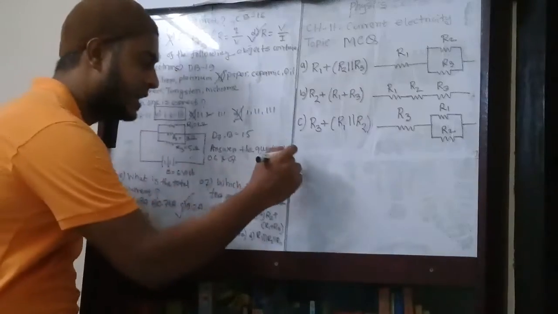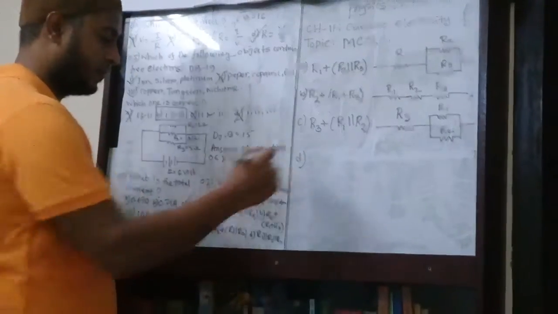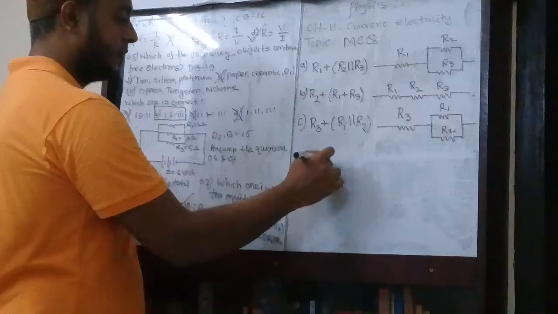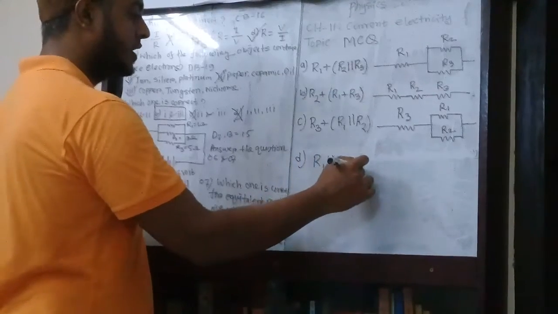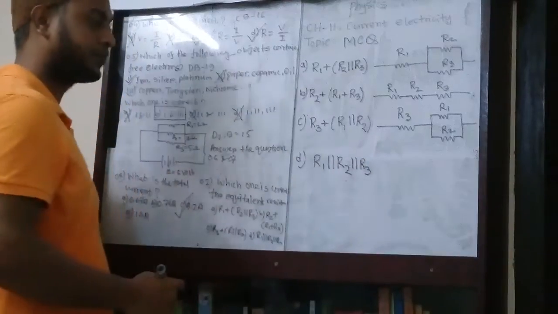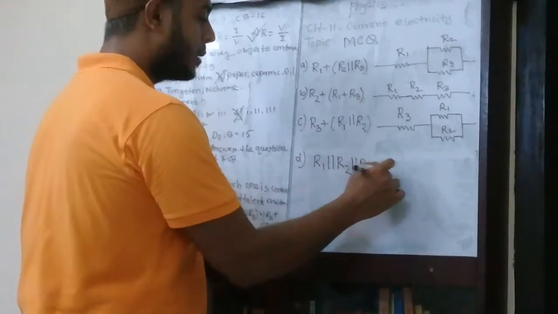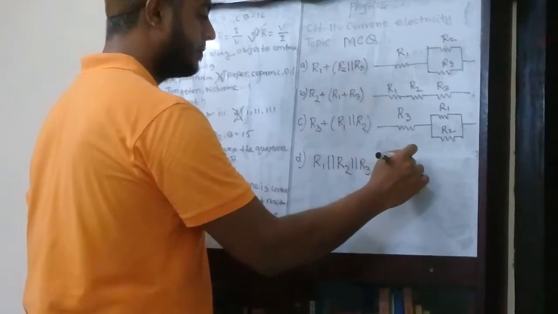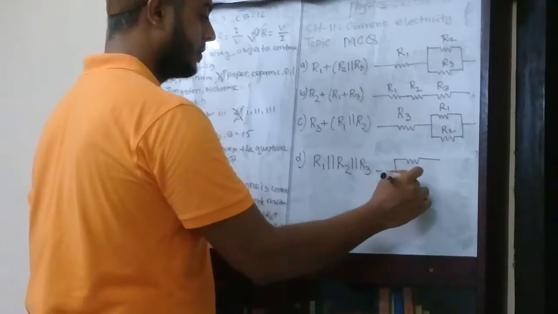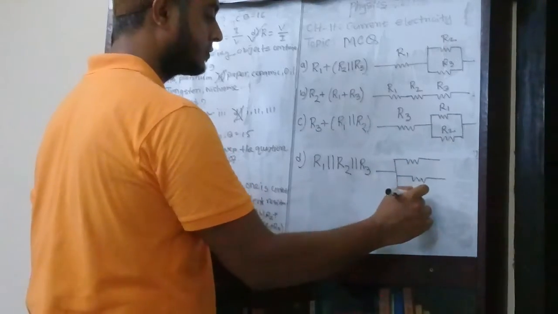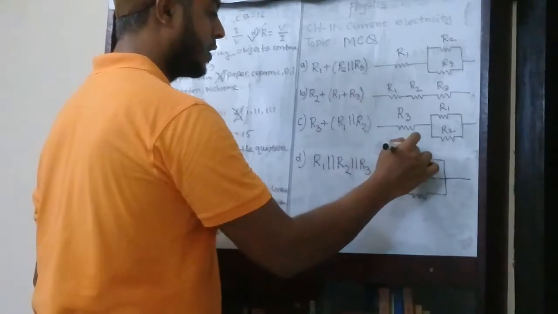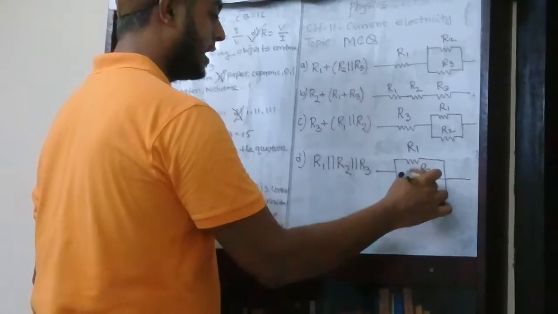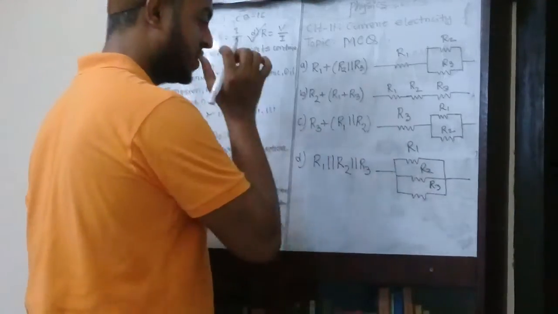Now, option number D indicates R1 parallel with R2, parallel with R3.